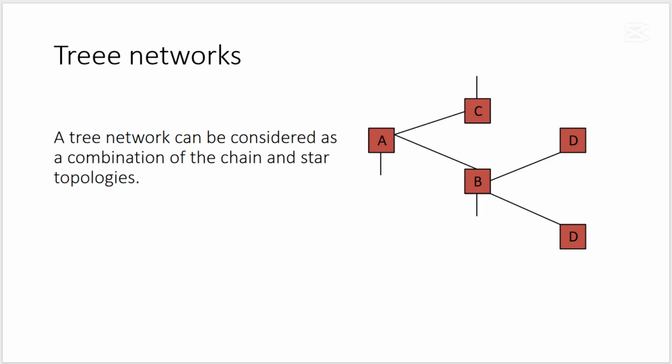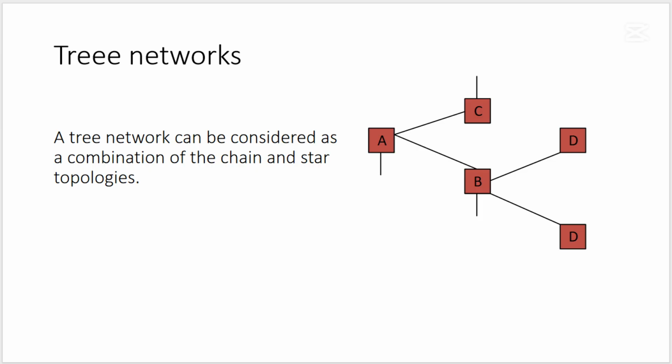So for the disadvantages, it is not suitable for bidirectional service. A failure in the high-level root or parent node can affect a large part of the network. In a tree network, we can use a backbone network that connects regional hubs or central offices, expanding access to different locations.